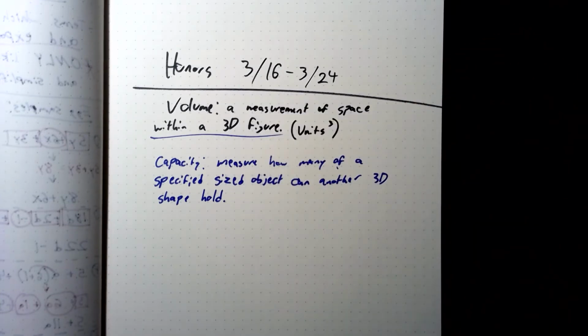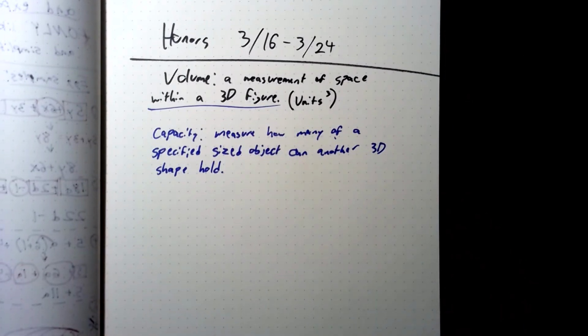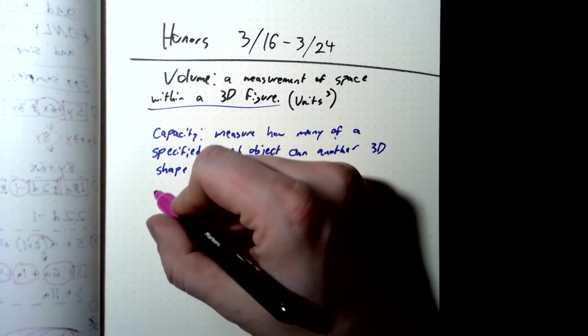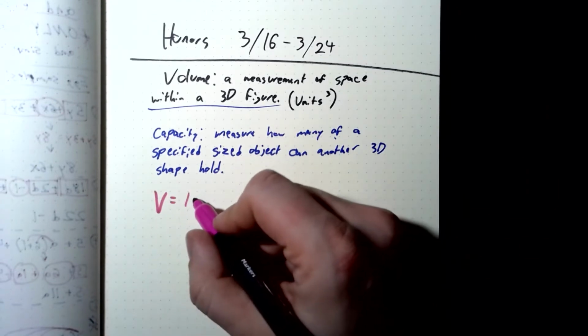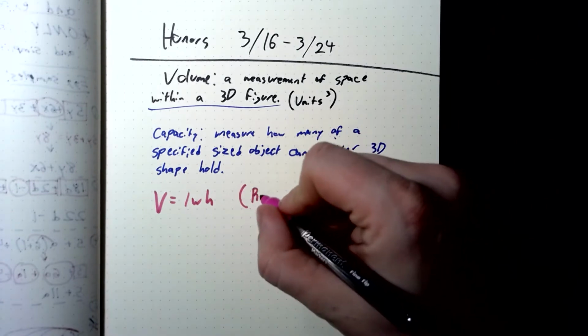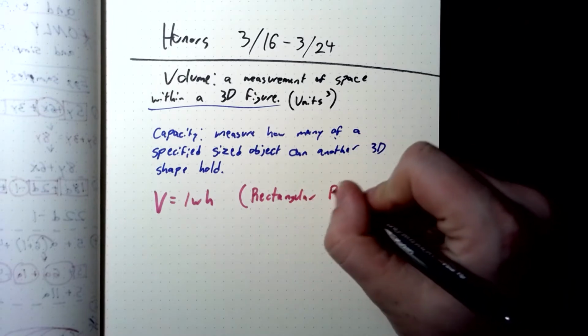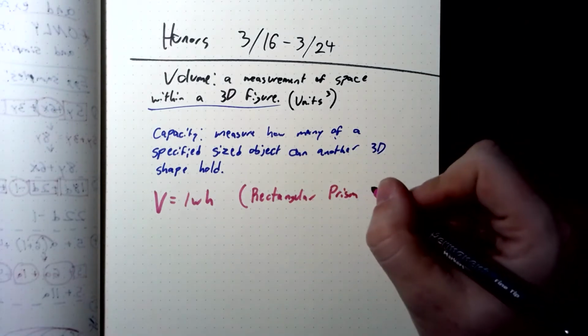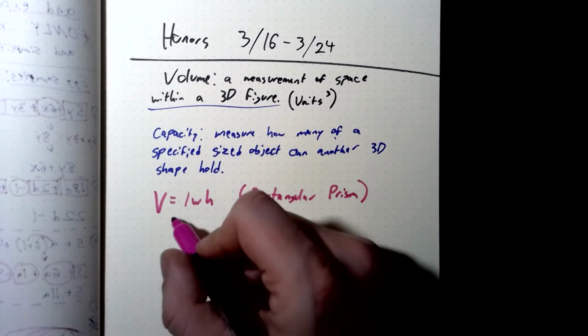There is a formula, or rather there are 2 different formulas for finding volume. Volume is equal to the length times the width times the height. Now this is for, very specifically, a rectangular prism. And this has another variation.